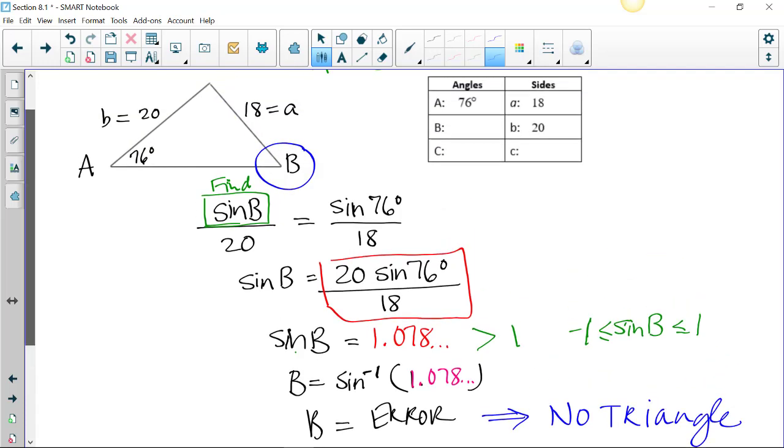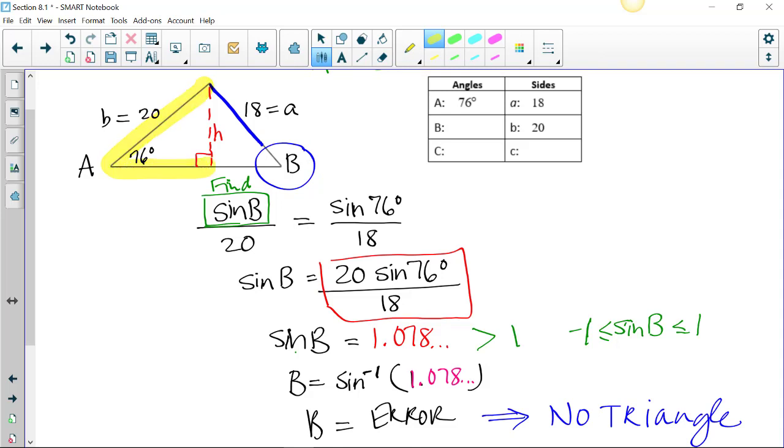What that means is this side 18 is too short. So technically, if I drew it to scale, it would be too short. It wouldn't come far enough. It's not long enough. If we would calculate this altitude here, then 18 would be shorter than that altitude. Which, if you just want to see it one time, it's kind of fun to see, I can use my right triangle here.